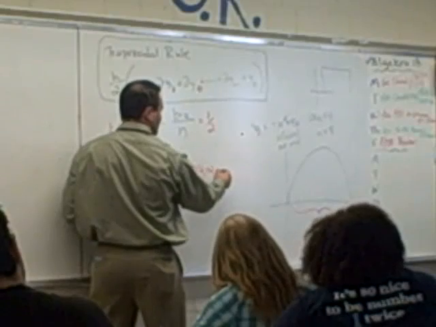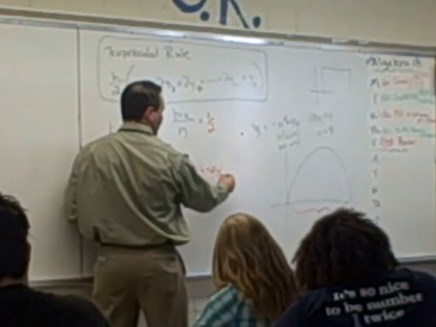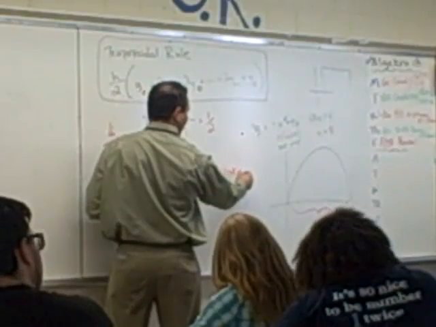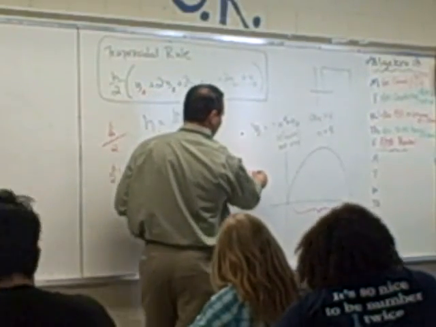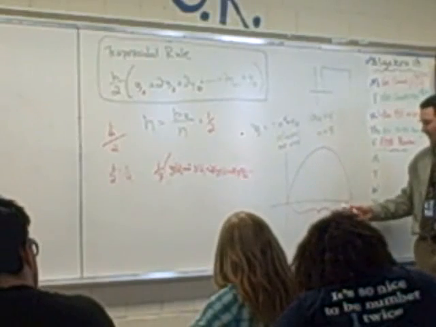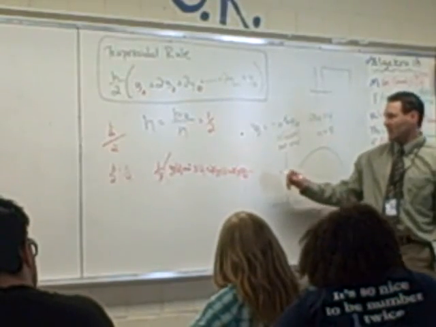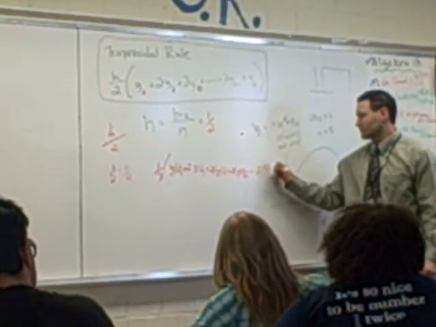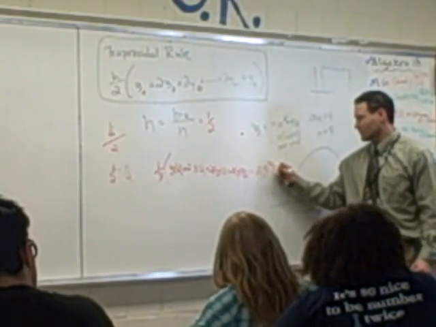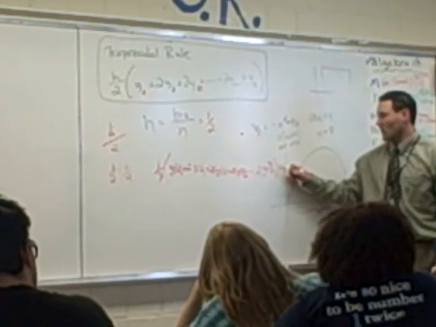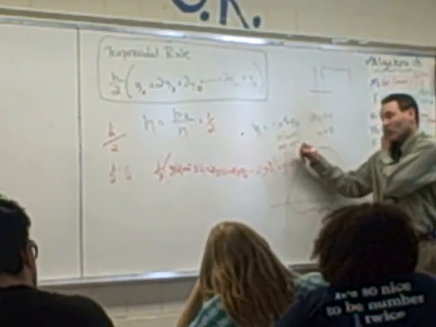Plus 2 times y of 1, plus 2 times y of 3/2, all the way. My second to last one would be 3.5, which is 7/2, and then y of 4.